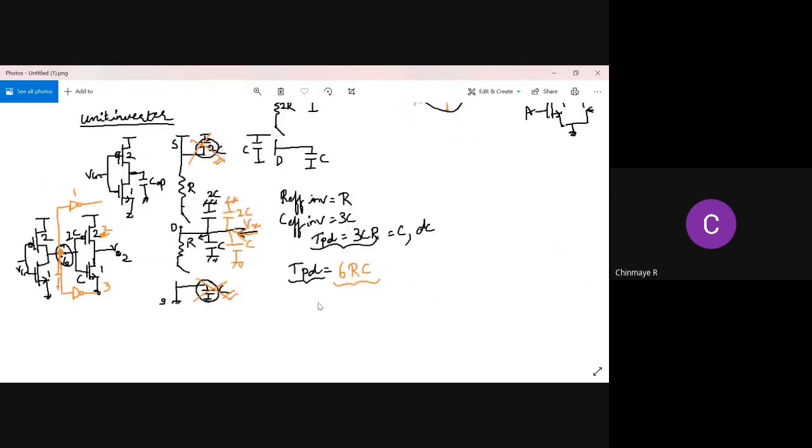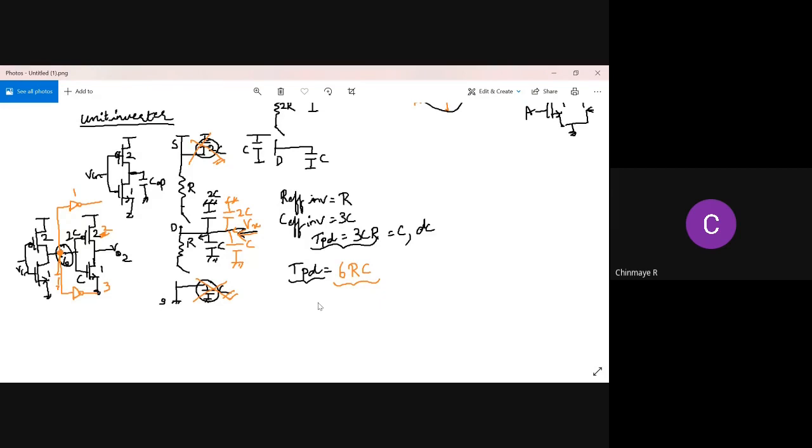Next we come to a unit inverter. So we design a unit inverter in such a way that the effective resistance of the NMOS is equal to the effective resistance of the PMOS, so that the rise and the fall times are equal. See, here we cannot match the capacitor. If you try to make the effective resistance of NMOS equal to that of PMOS, obviously the capacitors of NMOS and PMOS differ, right?